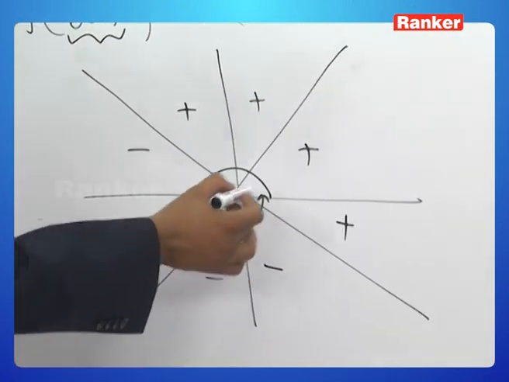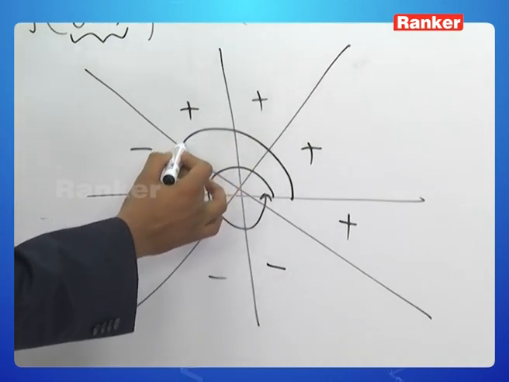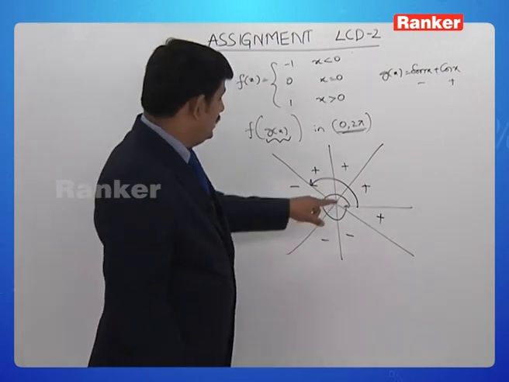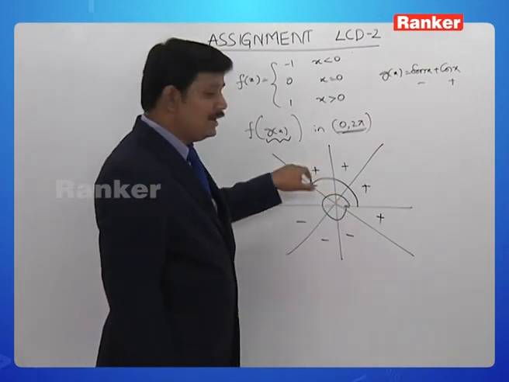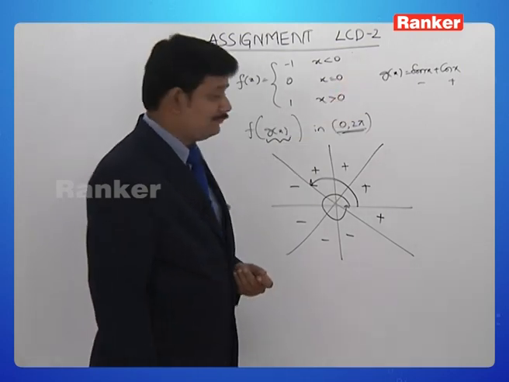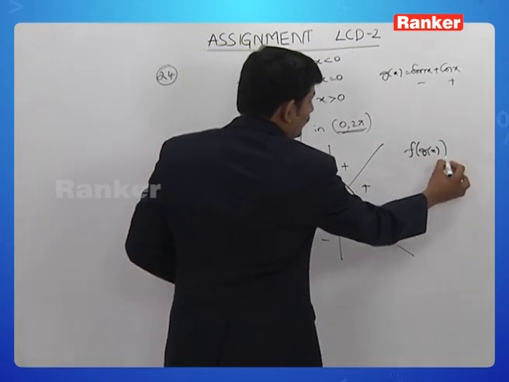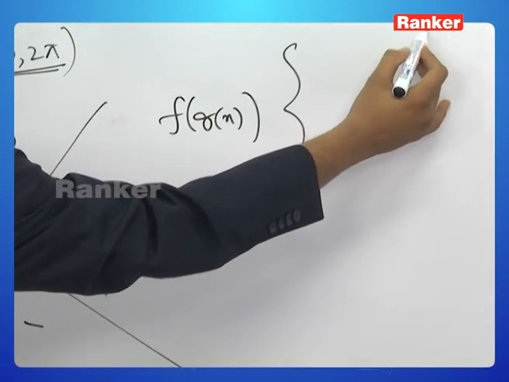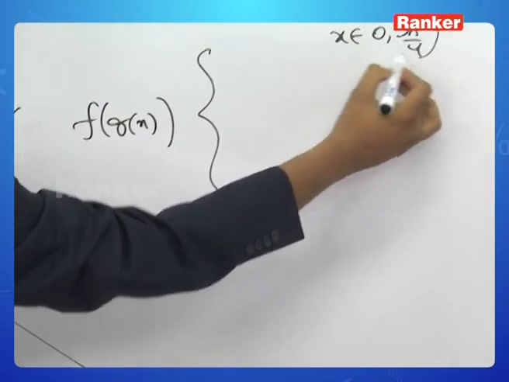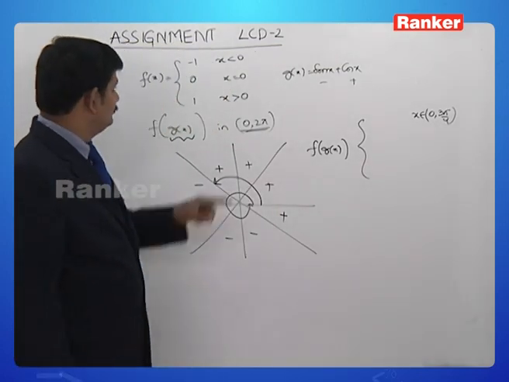So, whenever x varies from 0 to 3 pi by 4, in the region when x is between 0 and 3 pi by 4, sin x plus cos x is positive. So, f of g of x we can say, whenever x is between 0 and 3 pi by 4, 3 pi by 4 not included, g of x is positive.